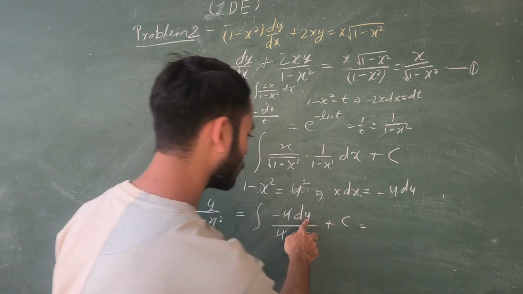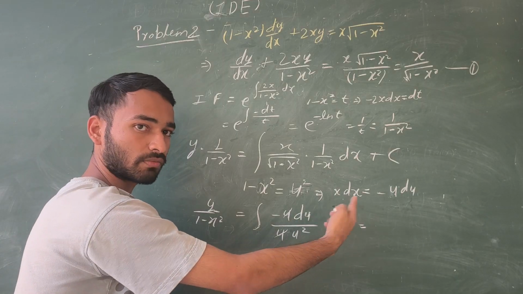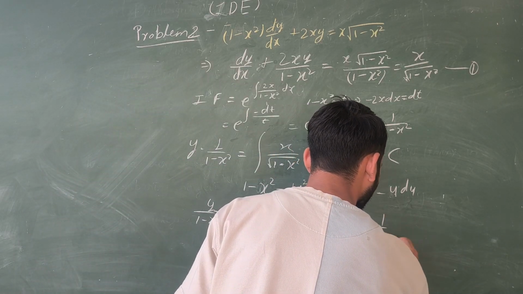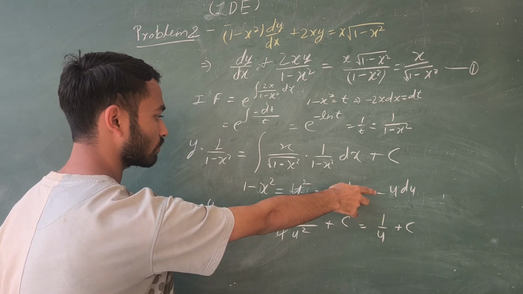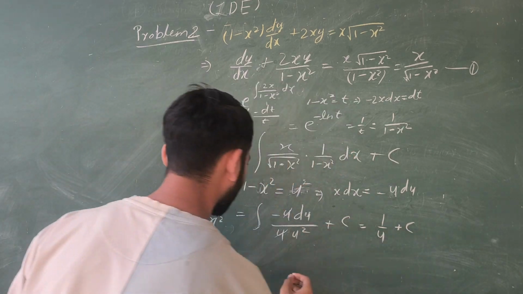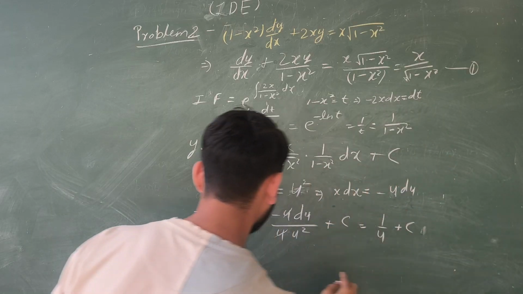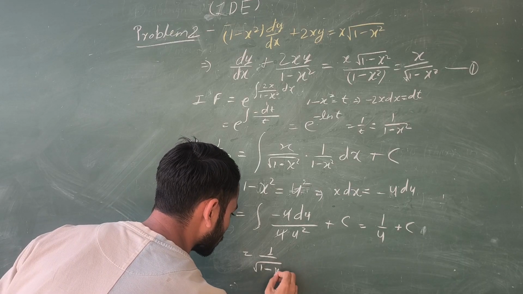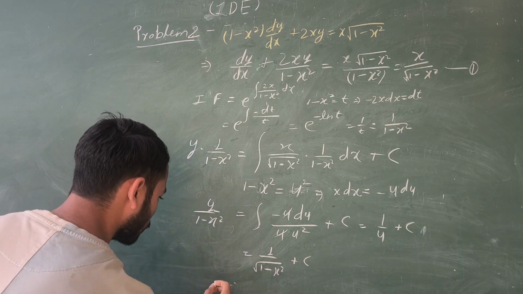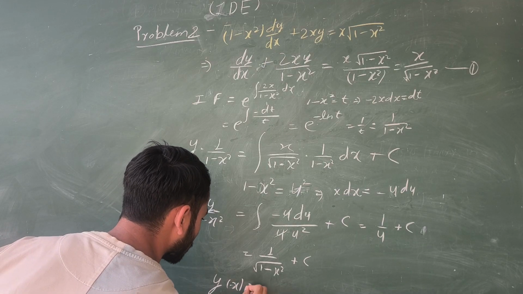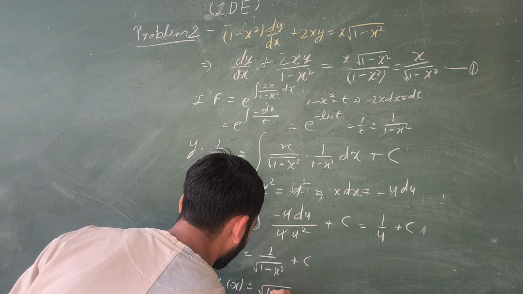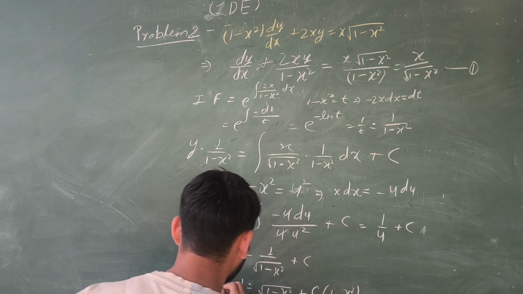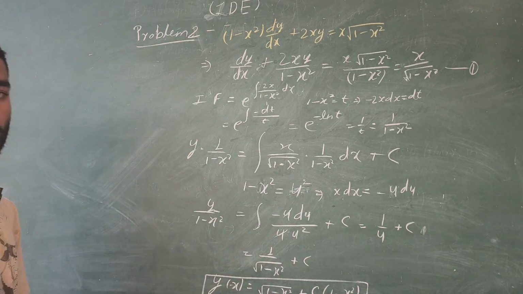We will get integration of du upon u square will be minus 1 by u, but there is already a minus here, so it will be plus 1 by u plus c, and u is what? u is 1 by under root 1 minus x square plus c. So final answer will be y is equal to under root 1 minus x square plus c bracket 1 minus x square. This will be our final solution.